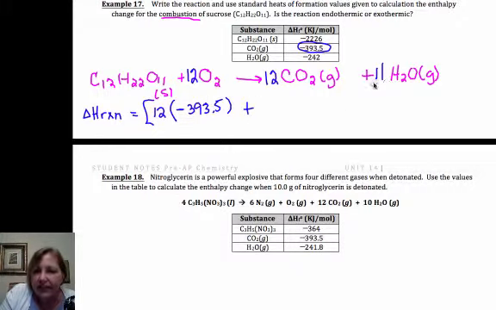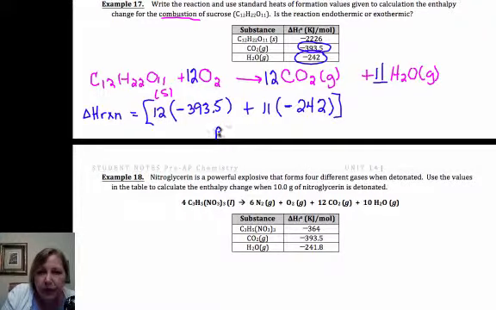I have 11, that's the N in the formula I gave you, H2O, and I'm going to plug in the value that's given. And it's really important whether you pick the one that's liquid or solid or gas. They're different values, so you have to pay close attention. So those are my products. We added them up, and now we're going to subtract reactants.